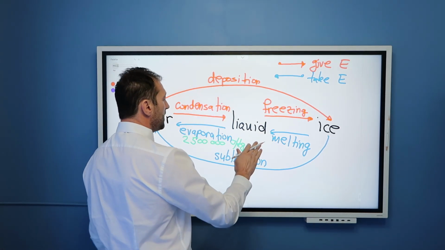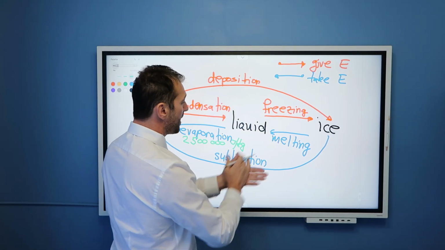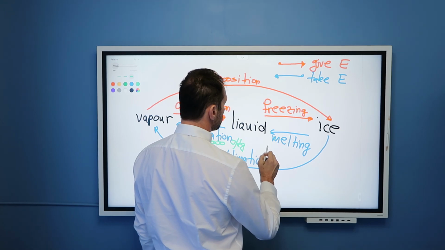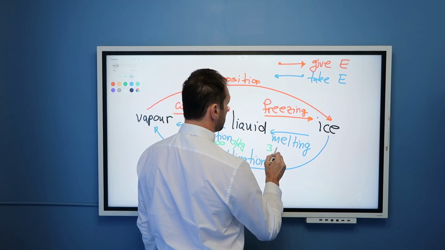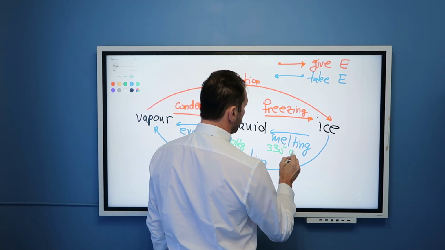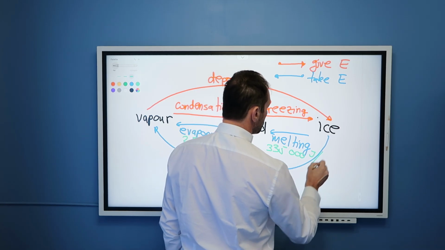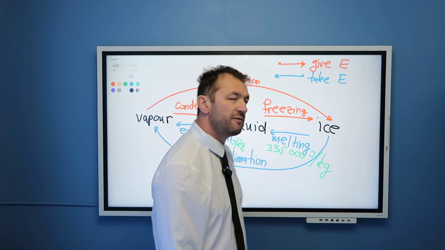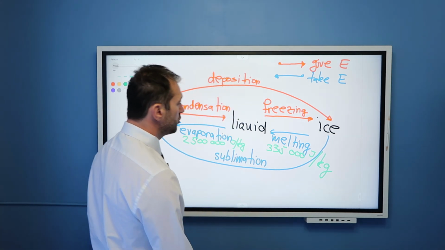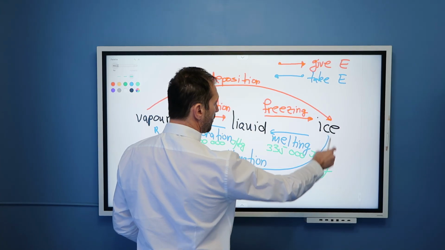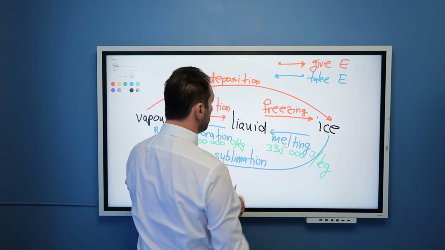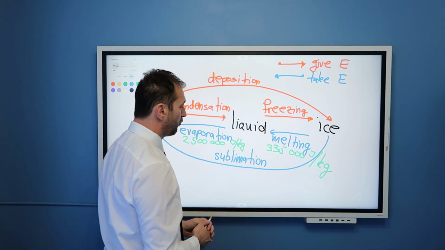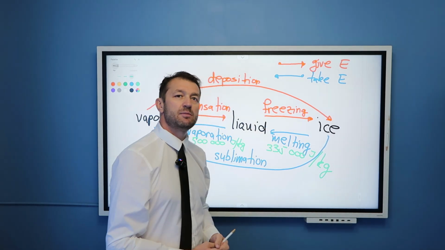Well, again, you require some energy to carry out this melting process, and this energy is 335, I believe, joules per kilogram. Namely, you need 335,000 joules of energy to melt 1 kilogram of ice. How about energy that the system gets when you freeze liquid water? It's the same amount.